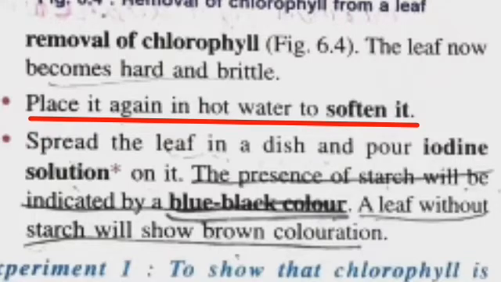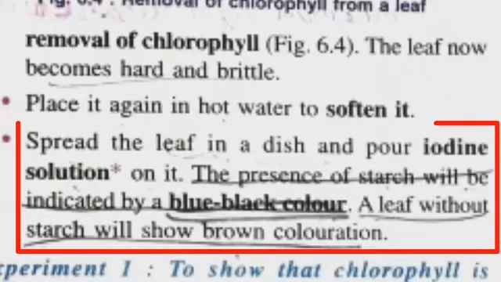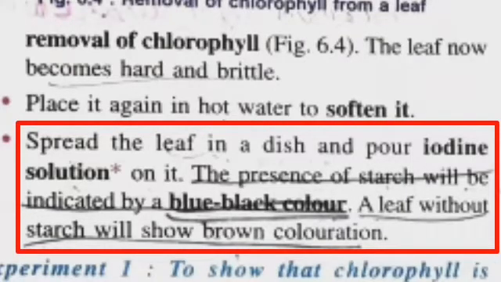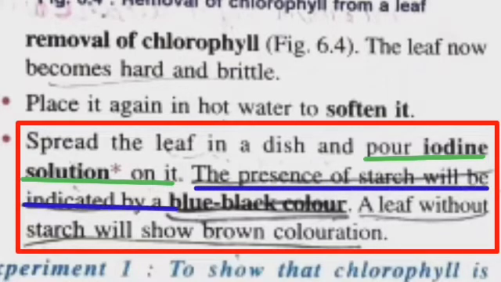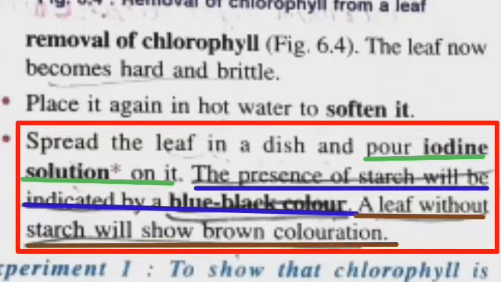Now the last step is, this leaf must be spread over a petri dish or a watch glass or any kind of saucer or a plate where we have to pour iodine solution. So the part containing the starch, or the portion of the leaf which was green in color, turns blue black, which shows that there is the presence of starch, while the portion of the leaf where there was no starch, or the portion of the leaf which was not green in color, turns brown in color.